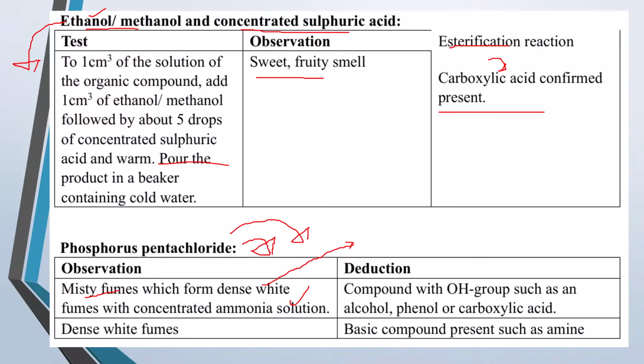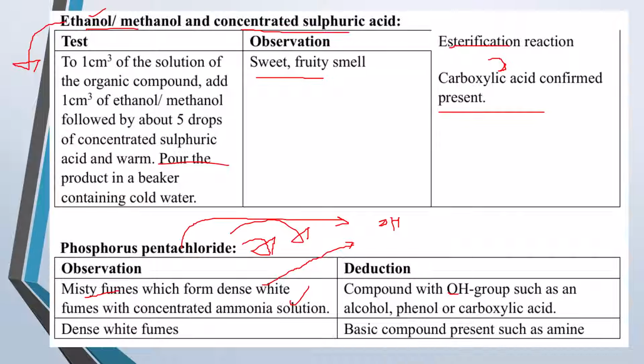So we expect such a compound to possess the OH group, such as an alcohol, because in theory we only use phosphorus pentachloride to replace the OH group attached to secondary or primary alcohols, or phenol itself. So you simply say that misty fumes are formed in the observations, and then the deduction is that an OH group is present, attached to a compound such as a secondary alcohol, primary alcohol or phenol.